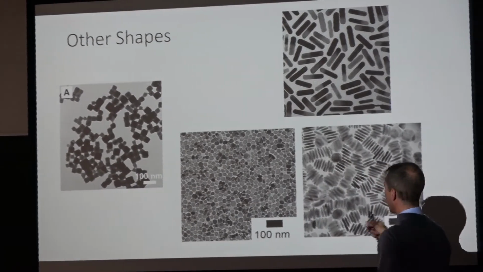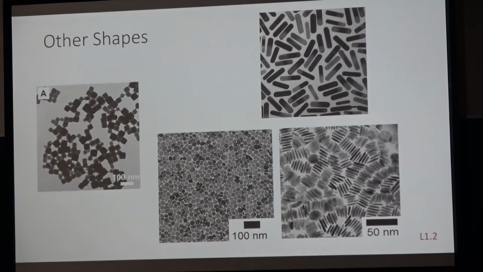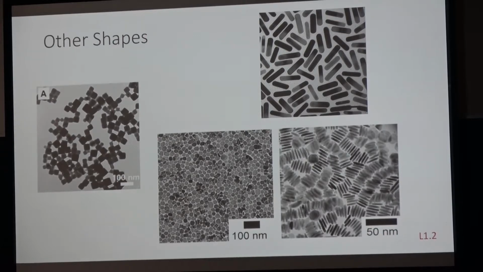But what about these kind of situations where you have something like a carbon nanotube where your aspect ratio is 100, or these kinds of really flat pancake kind of designs? So yeah.